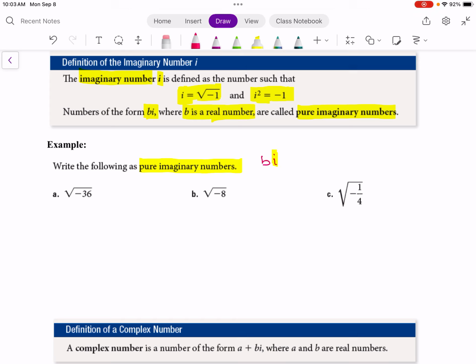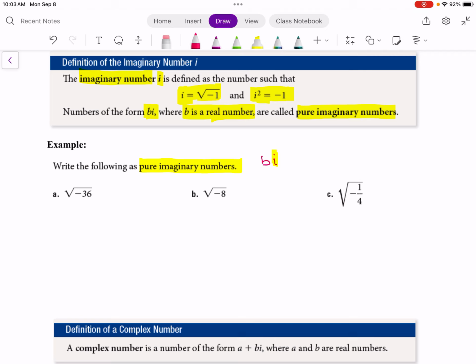Now at first you should be able to identify, is this a real number or not? Square root of -36, is this a real number? If we have a square root of any negative number, then that is not a real number, that is an imaginary number. That is the easiest way to identify.